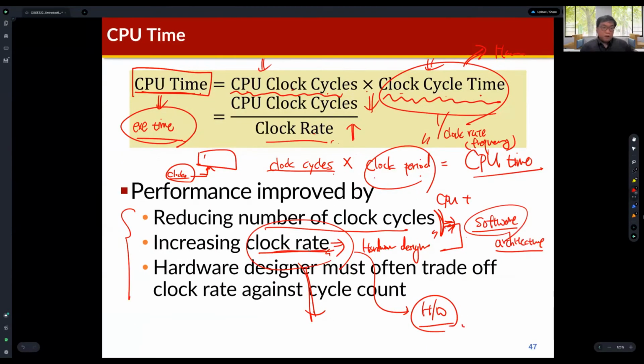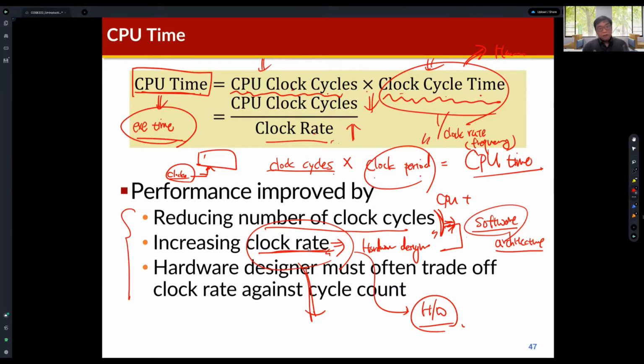And what is the CPU time? The CPU time is the execution time of an application that runs on a CPU. We can consider two different factors: the number of CPU cycles and the clock cycle time, that is, the clock period.